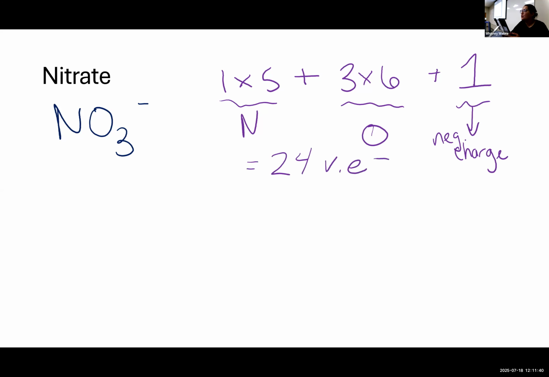You'll notice that it should always end up being an even number. It is possible to have odd numbers, and I'll show you, but most of the time it ends up being an even number because electrons want to be in pairs. All right, can anyone tell me what you think the central atom is?